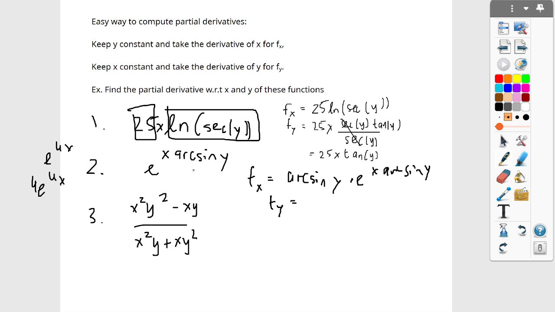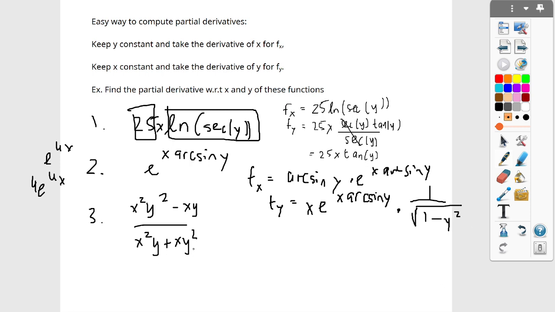So it's x times e to the x arc sine y, and then multiply by the derivative of arc sine y. What's the derivative of arc sine y? It's 1 over the square root of 1 minus y squared. And that is the f sub y right there.